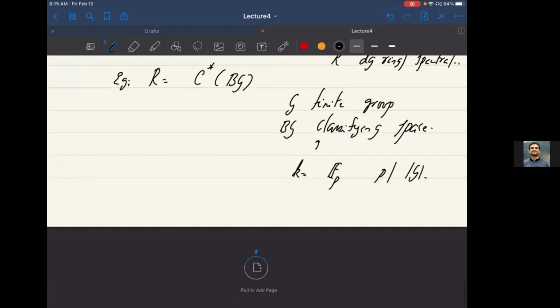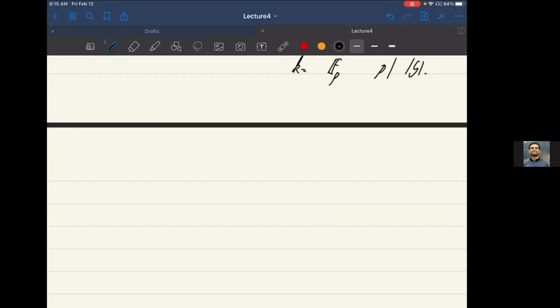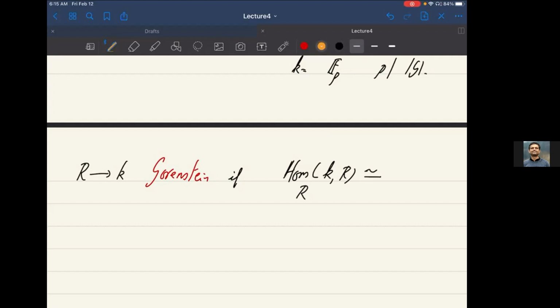So Gorenstein will mean, R Gorenstein, or I should really be saying R to K Gorenstein, if, at this point I should really stop writing R hom, because it's not the derived one, you should take this in the derived sense. So this is R hom from K to R, in whatever derived sense.